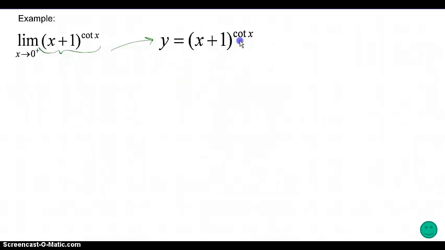The reason I've done that is because I want to change the way this function looks without changing its value, and I've got to keep in mind that I am manipulating it, so once I manipulate it and stick it back in the limit, I've got to be careful how I finish up that limit work. So let's just work through this example. You'll get an idea of how it's done.